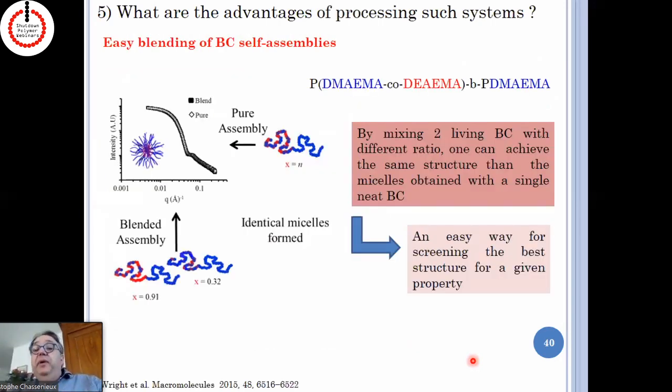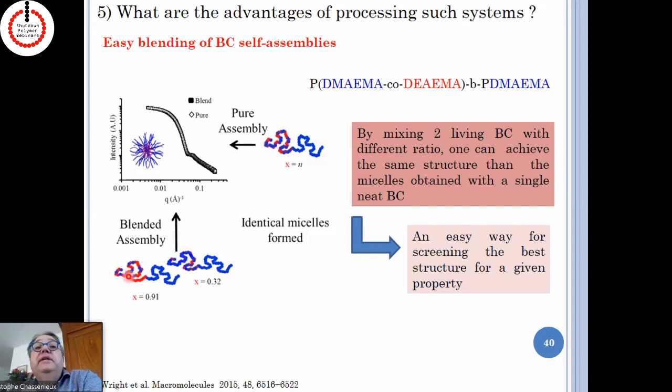Second nice thing about thermodynamics. You can blend two systems which are at thermodynamic equilibrium very easily. So this is an example of what we have done. If you take a pure block copolymer, you self-assemble it, you measure the scattering intensity as a function of Q, and you have the data which are shown in white.